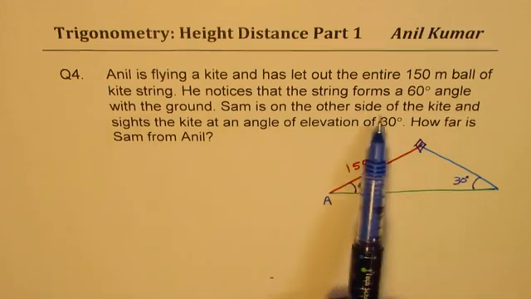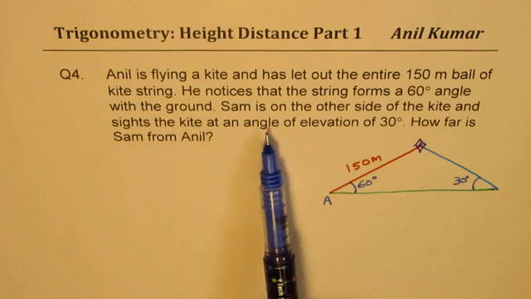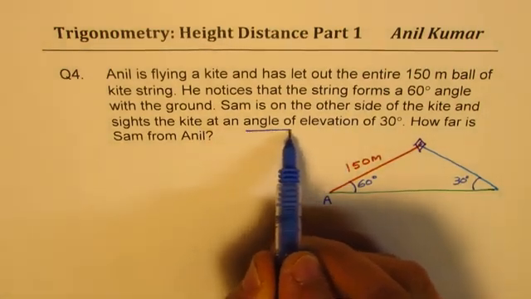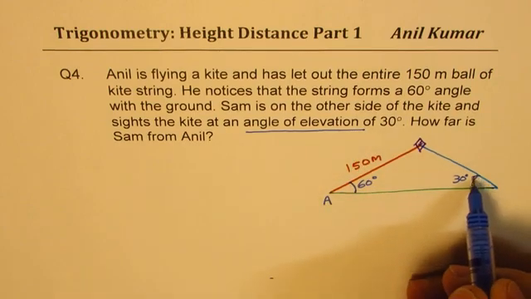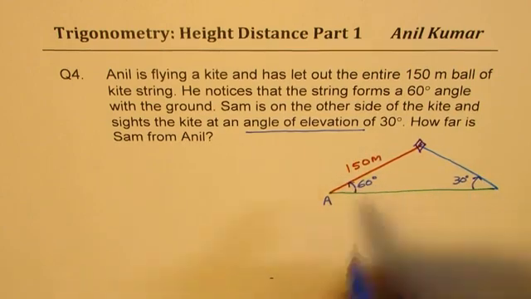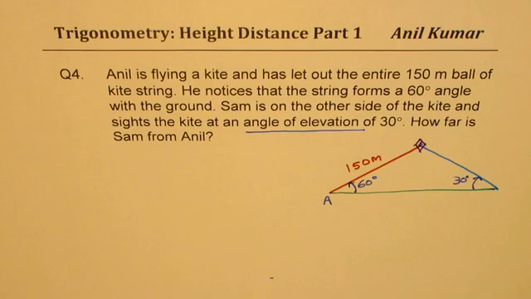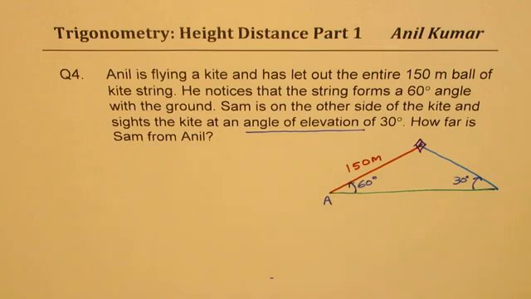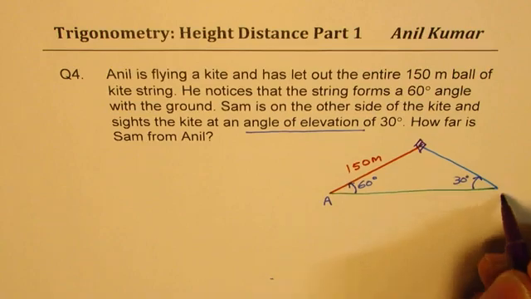So Sam is on the other side of the kite and sights the kite at an angle of elevation. So whenever we talk about angle of elevation, it is always with the horizontal, right? So both are with the horizontal, correct? So this is the situation. What do you need to find? How far is Sam from Anil? So this time we need to find the distance between Sam and Anil, right?